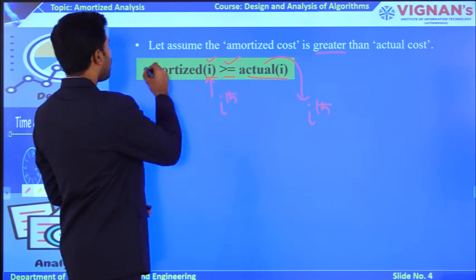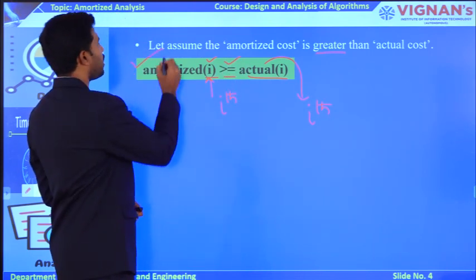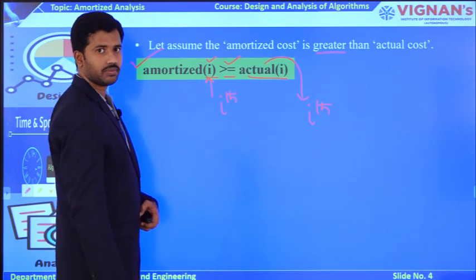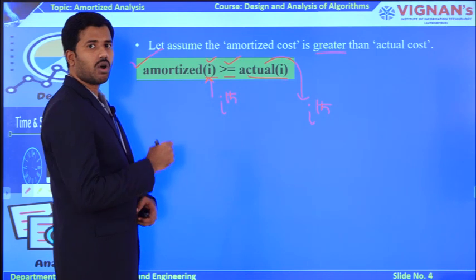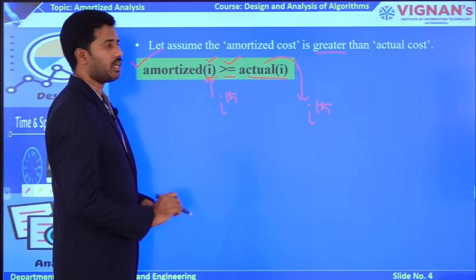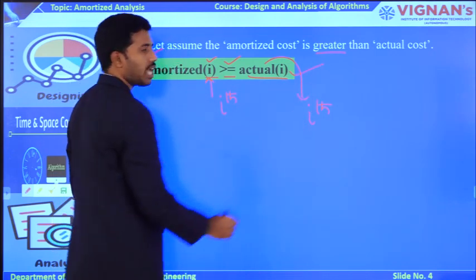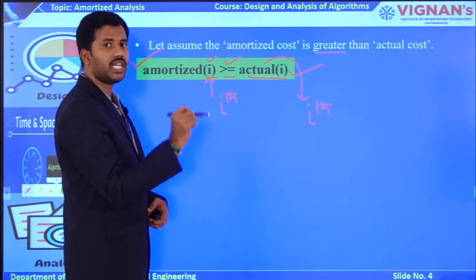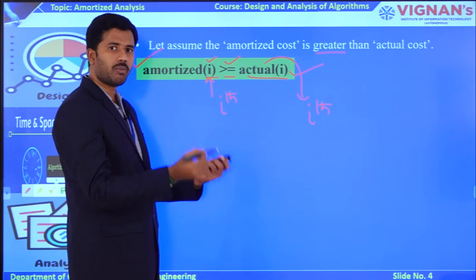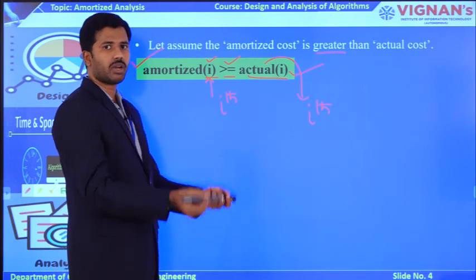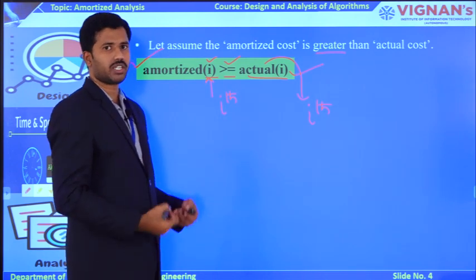So try to understand the meaning of this mathematical equation. Amortized of i means the amortized cost for the ith operation. Actual of i means the actual cost for the ith operation. Now can you tell me how many operations or instructions your algorithm has? N number of instructions.